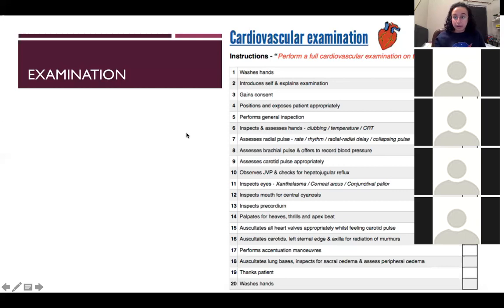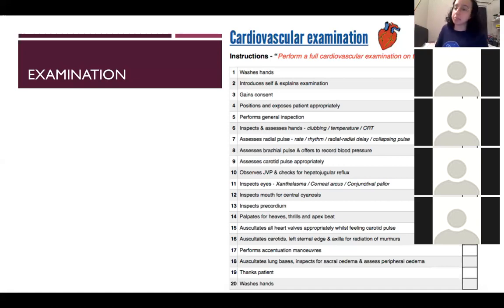Any ideas? Do you know how to test for a collapsing pulse? Yeah, well done. It is aortic regurg. It can be some other things, and I'll put them up on the screen in a minute, but that's usually the thing that you're trying to elicit.